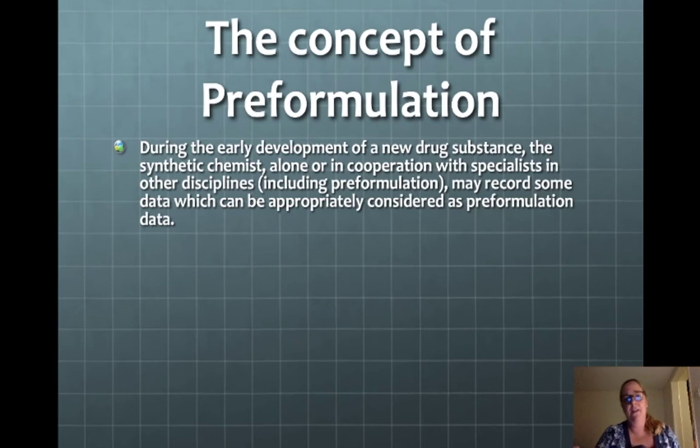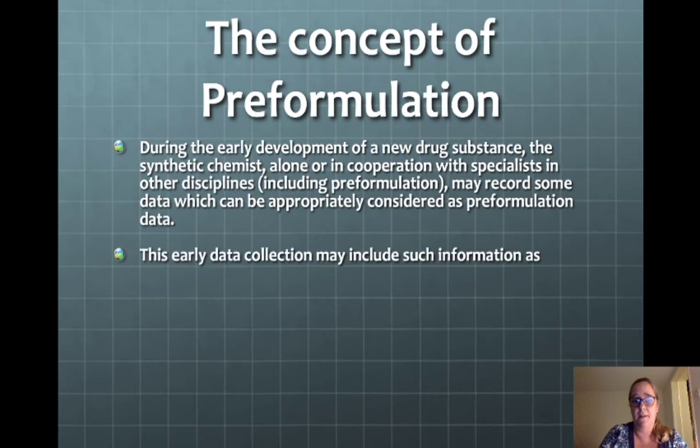During the early development of a new drug, the synthetic chemists may be working alone or with other people who are experts in the field and in other disciplines. They may record some data which can then be appropriately considered as pre-formulation data.